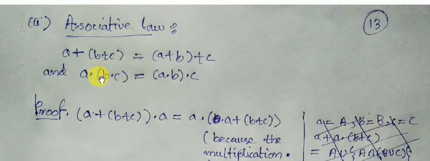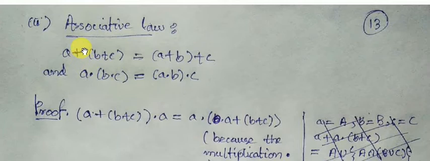Here b and c are in a parenthesis, and this is equal to (a into b) into c. Here we have taken a and b in a parenthesis and c outside. Observe that this is a plus and this is multiplication.